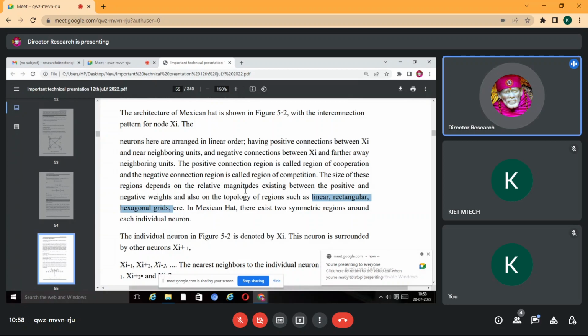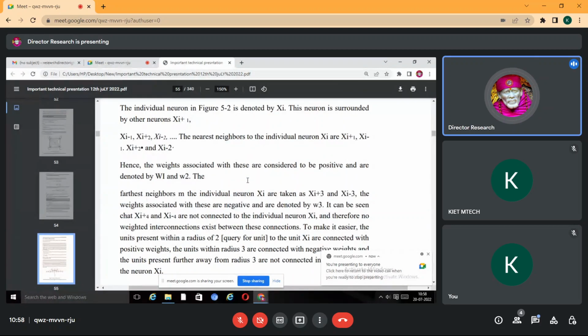The nearest neighbors to individual neuron Xi, hence the weights associated with those are considered and denoted by W1 and W2. The farthest neighbors of individual neuron Xi are Xi plus 3 and Xi minus 3.